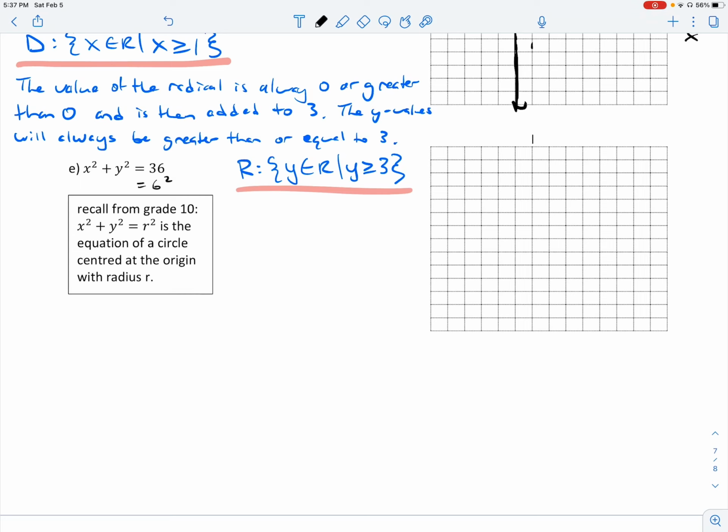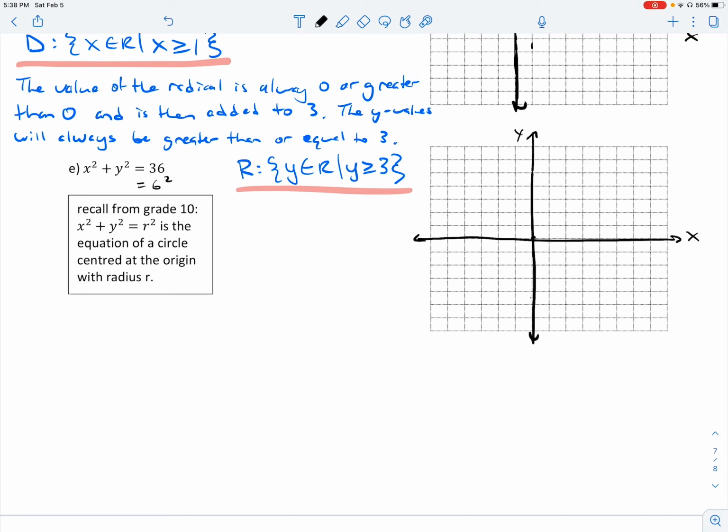Okay, graphing these on a graphing calculator can be a little bit tricky. So I will bring it up on Desmos anyway, but your graphing calculator might have a hard time doing this one because x is squared and the y is squared as well.